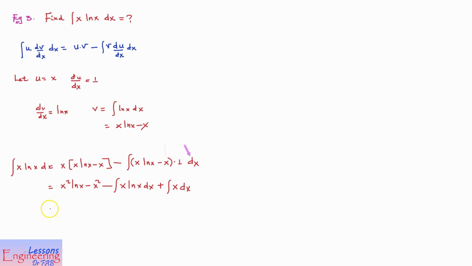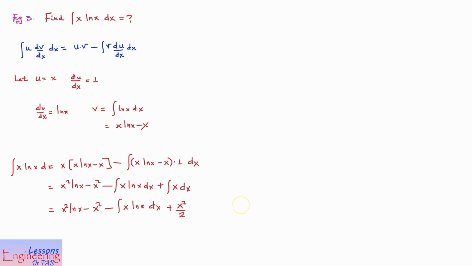Okay, so now this will be x squared ln x minus x squared minus the integral of x ln x dx plus the integral of x, which is x squared over 2 plus constant.